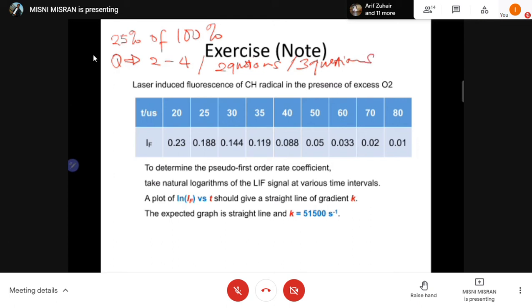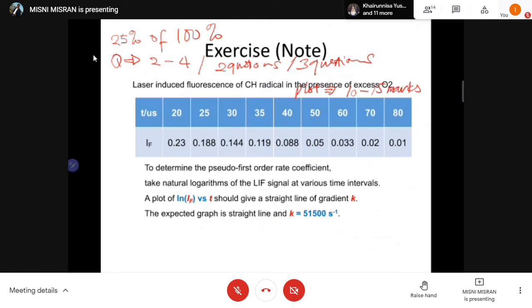If it is 3 questions, more likely short questions like 5 marks. For a plot, normally for this type of plot, the mark is 10 to 15 marks.